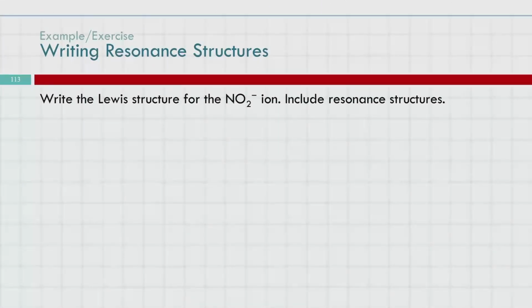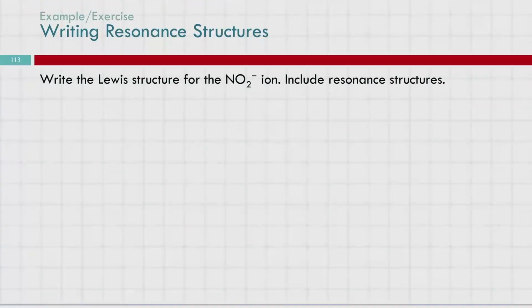Okay, let's combine all of the stuff that we've learned to draw the NO2- ion, which is nitrite. Please include resonance structures. Okay, structure for NO2-. To start, we want a skeletal structure.